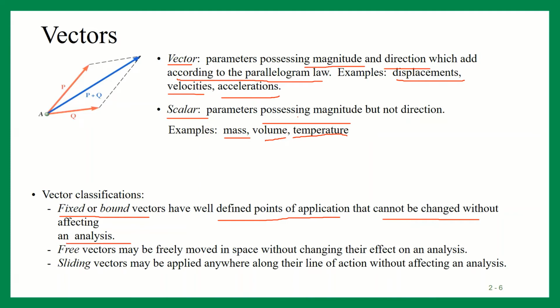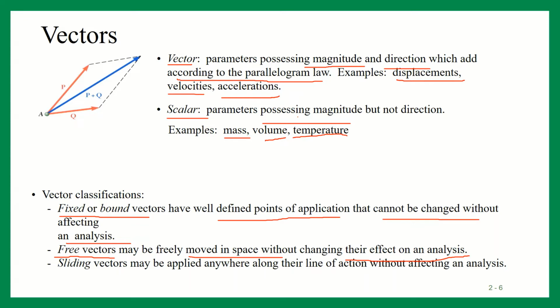Some vectors are fixed and bound, meaning they have a definite point of application, and you cannot change it. If you change the point of application, the results will also change. That is called a fixed vector. So fixed vectors are those which we cannot change, meaning they have to remain at a specific point.